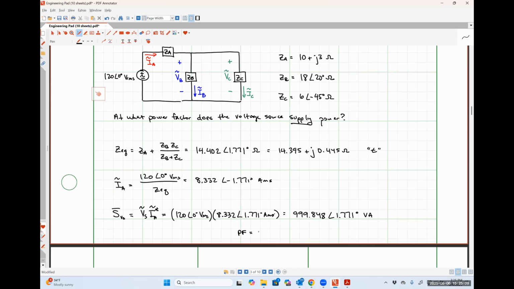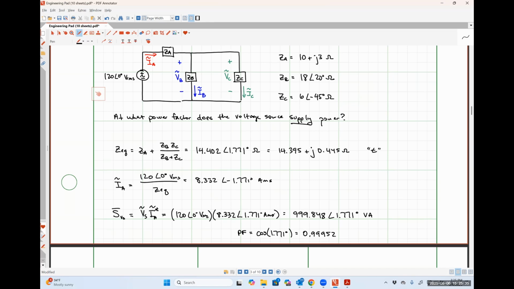That is exactly correct, West. It is literally that easy. So cosine of 1.771 degrees, which I got to be 0.99952.